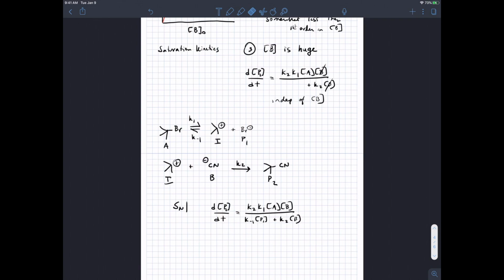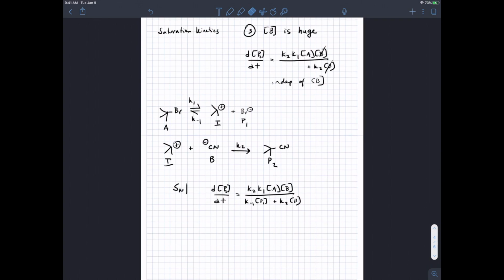But at any given time, for the SN1 reaction, the concentration of your product 1, which is the concentration of Br minus, should be small, and therefore the rate of the backwards reaction.